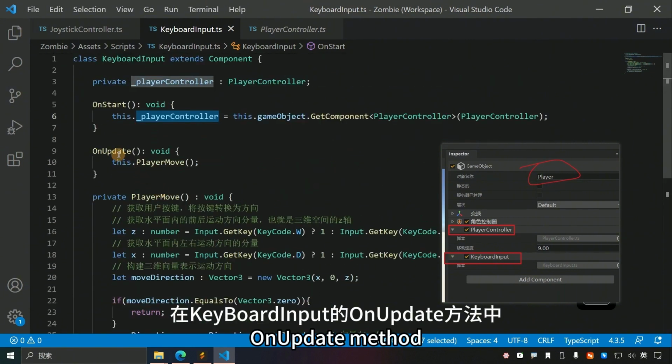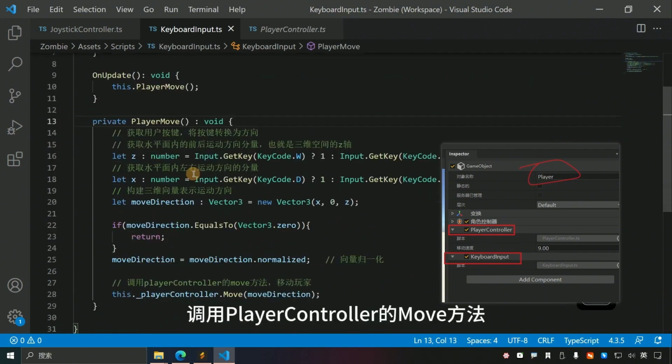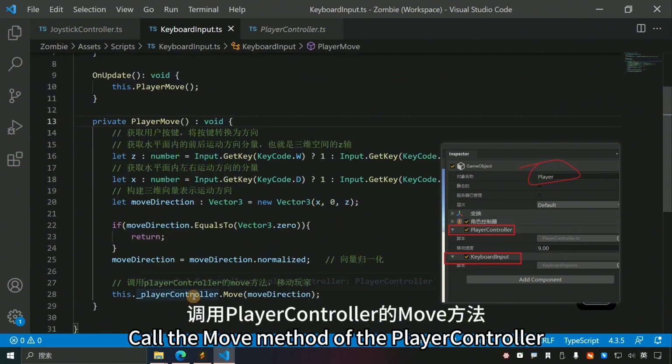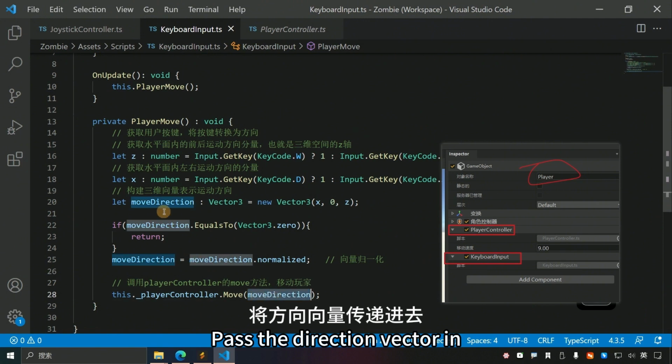In the onUpdate method, call the move method of the player controller. Pass the direction vector in.